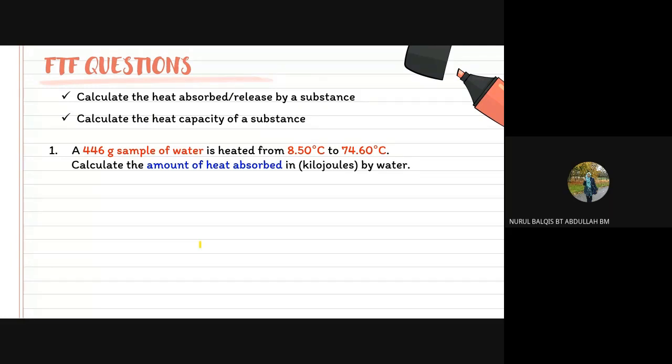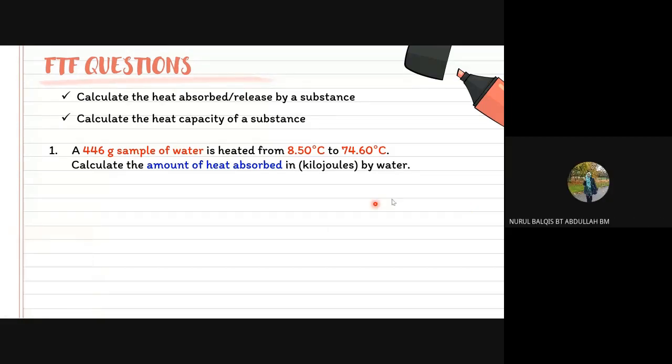Do you see anything about calorimeter setup in here? Or it's just water? Ada tak nampak macam bom calorimeter, simple calorimeter? Ada tak dalam soalan ni kalau awak tengok statement ni? Tak ada.